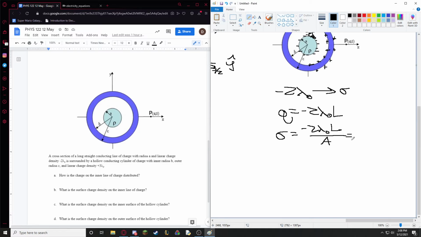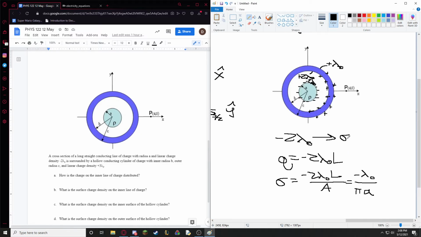Exactly. Yes. So we have our negative, our 2 is going to end up canceling out. So we have negative lambda naught. L also cancels out over pi r. Our radius r is just a. So negative lambda naught over pi a.